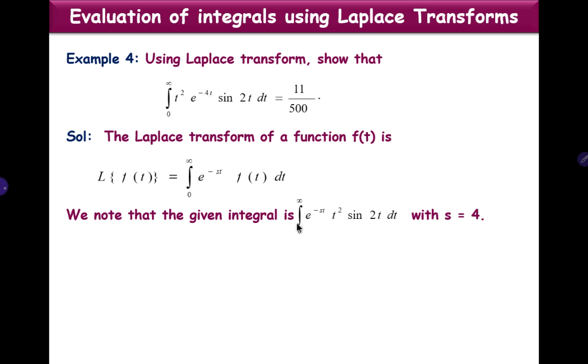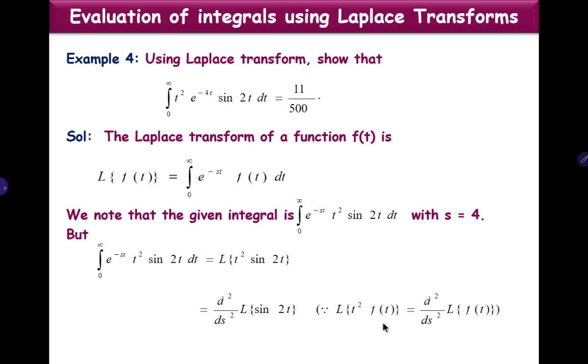Now when we compare this definition with the integral in Laplace transform, this is equal to L of f of t, and in place of f of t we have t square sine 2t. Therefore this integral is equals to L of t square sine 2t. Now to evaluate L of t square sine 2t, we need to apply the L of t power n into f of t formula, which is minus 1 whole power n d power n by ds power n of L of f of t.